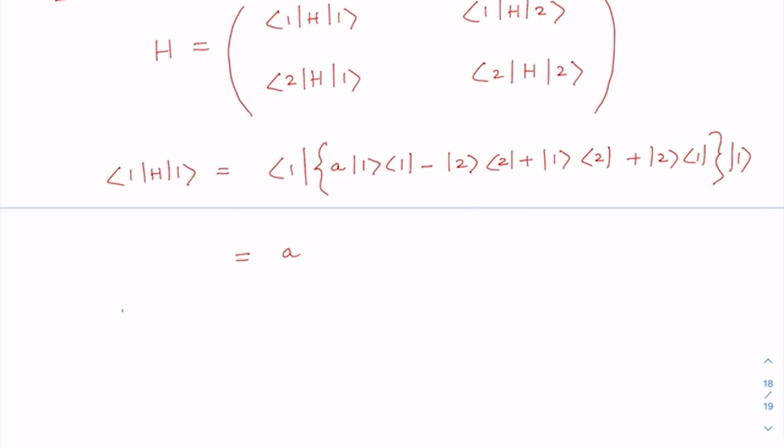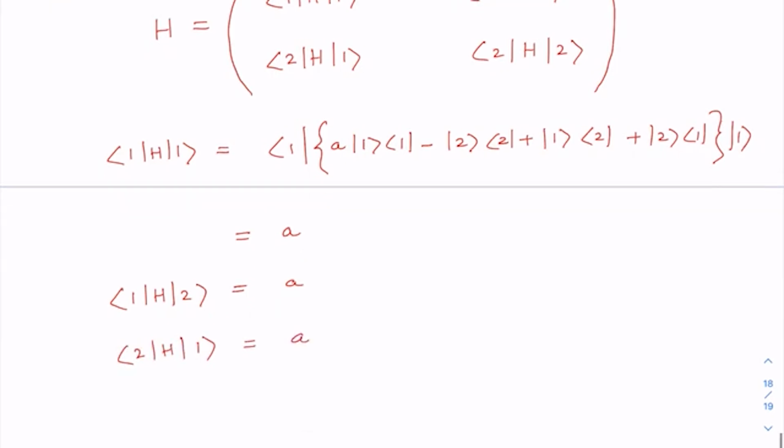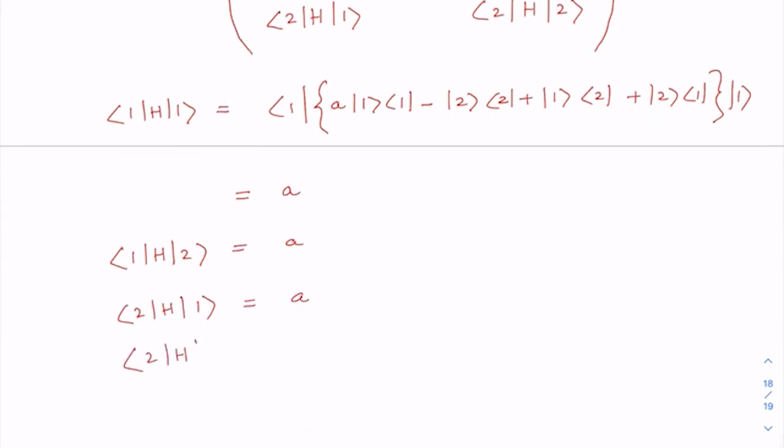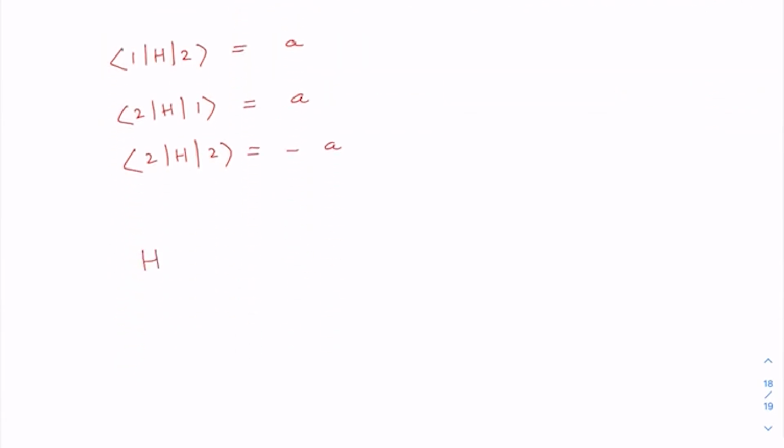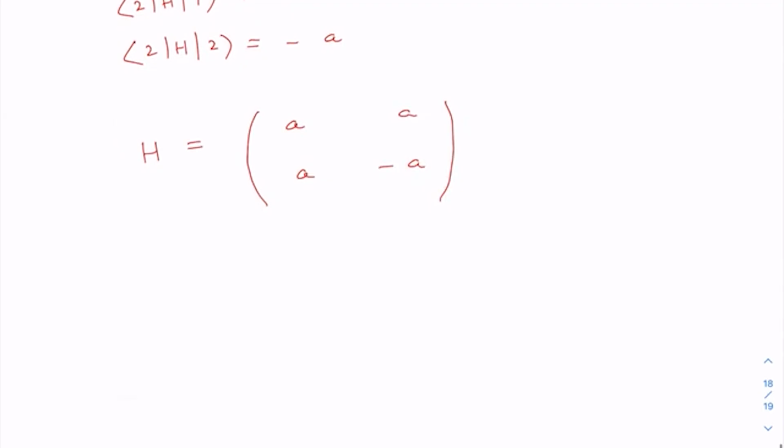Similarly, you can work out <1|H|2>, and that also, as you can see, would be simply A. <2|H|1> would be equal to A, and <2|H|2> would be equal to minus A. So therefore the Hamiltonian in matrix form would be A, A; A, minus A.